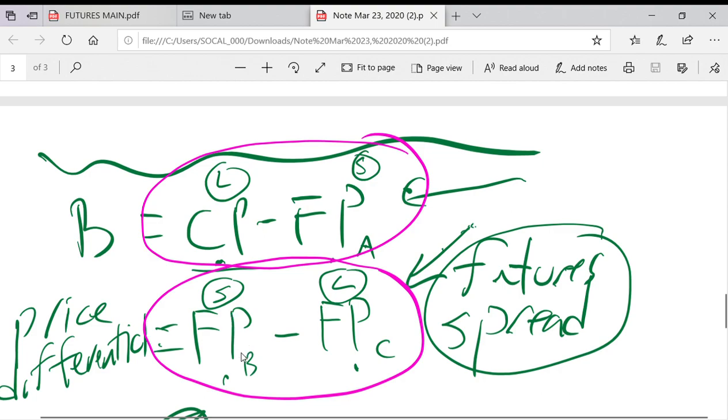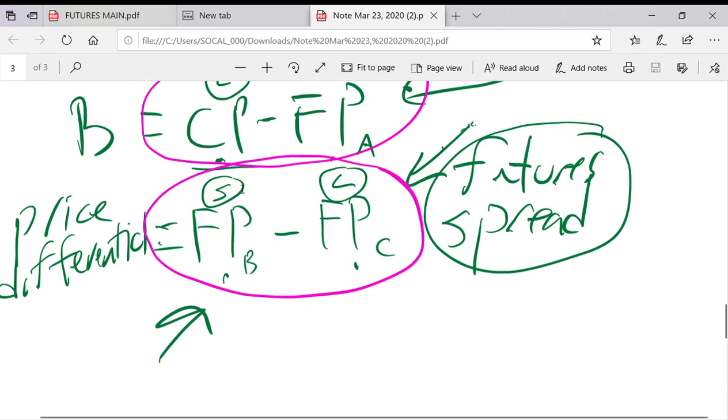We could go short a more distant futures contract and long an even more distant futures contract if the basis here has high correlation with this price differential. This is a futures spread. This is a futures spread right here.